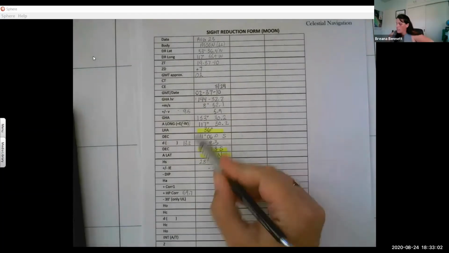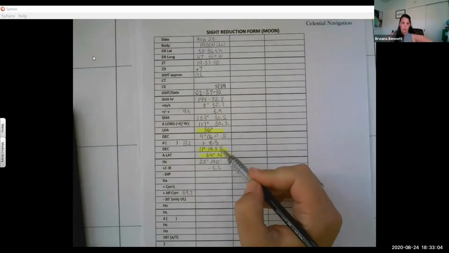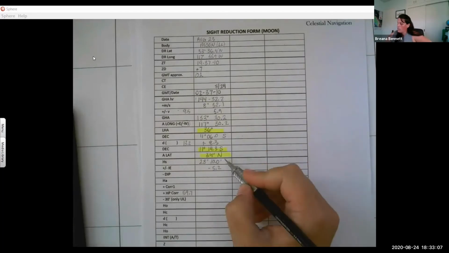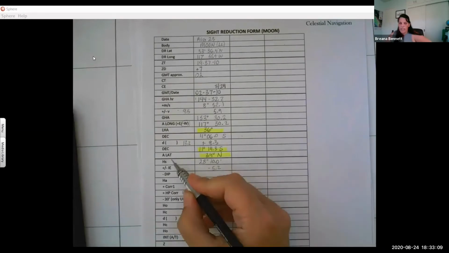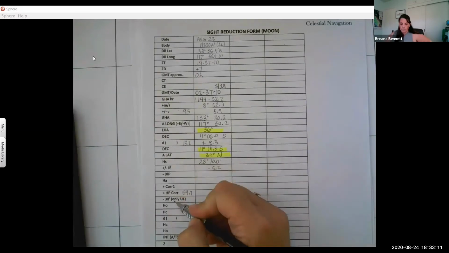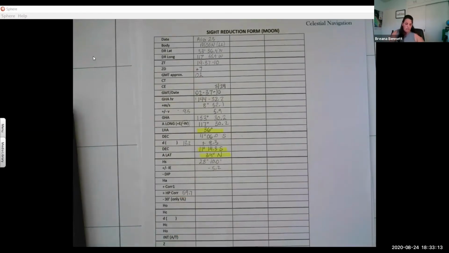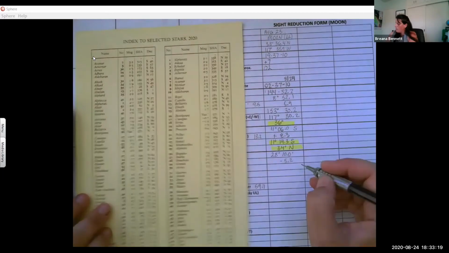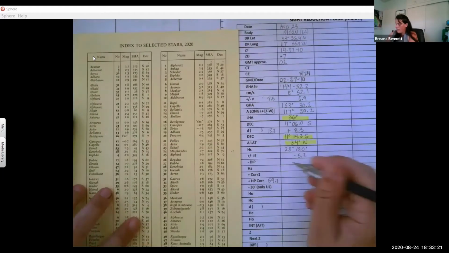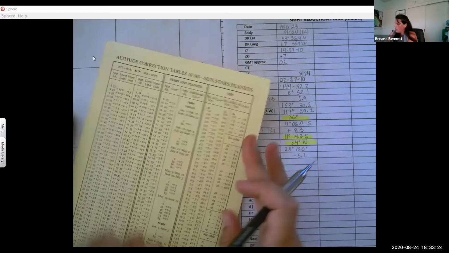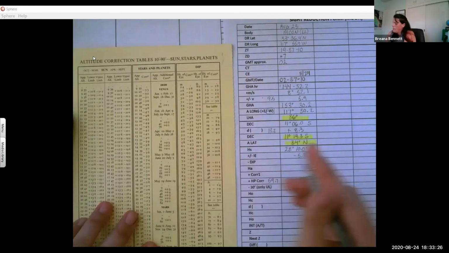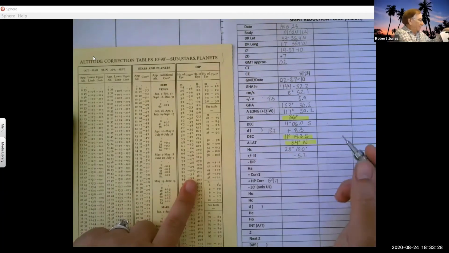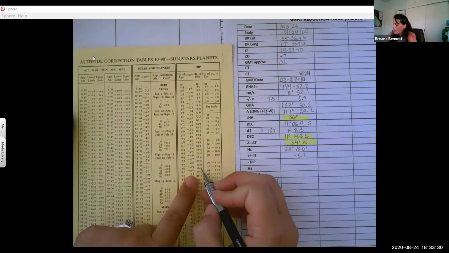So we got our information to go in Pub 229, but before we do that, we're still going to use our nautical almanac to go from HS to HO. So we have a dip. Does anyone remember our dip correction from last time? -5. -5. So height of eye between 26 and 27.